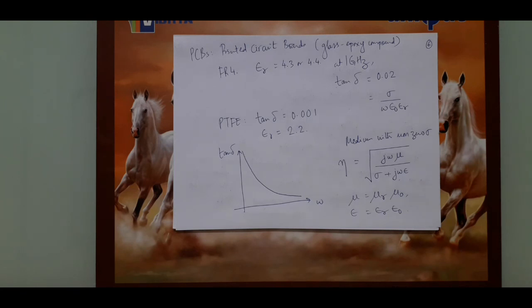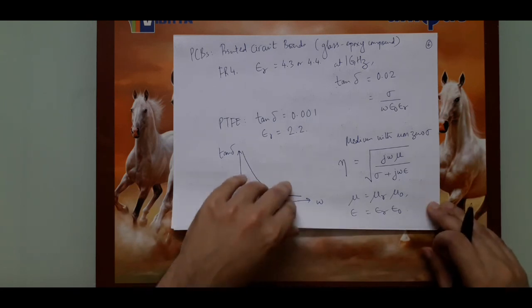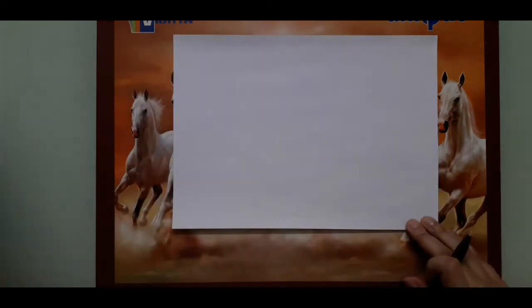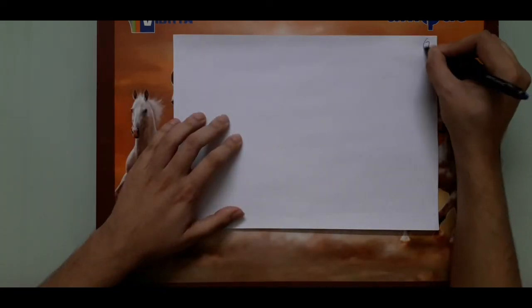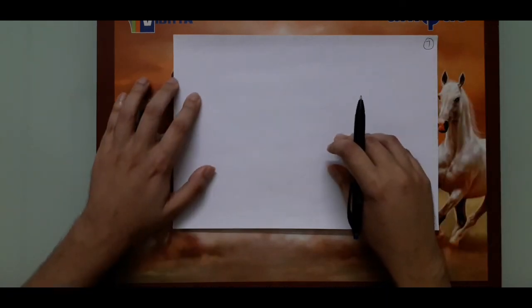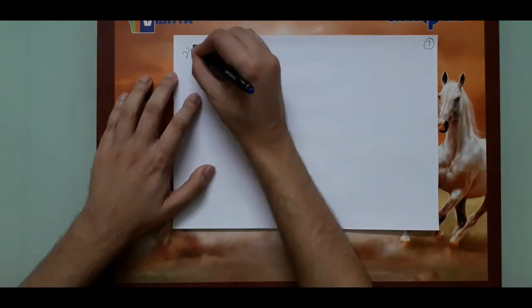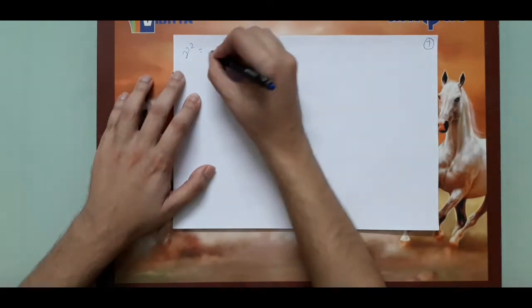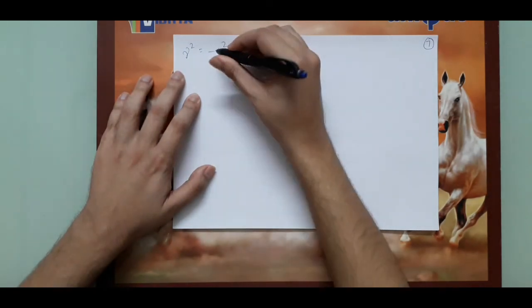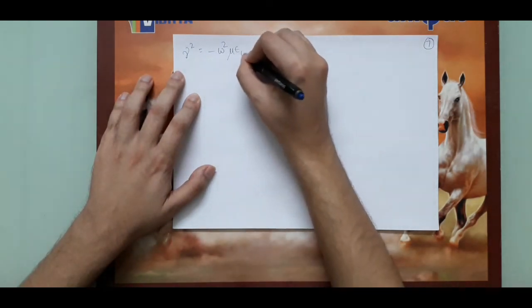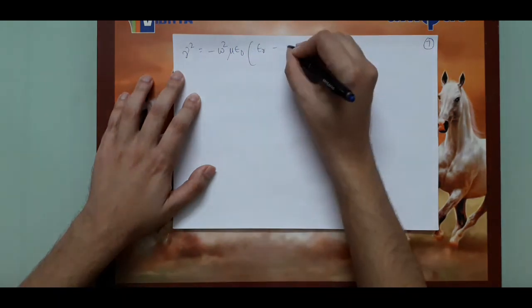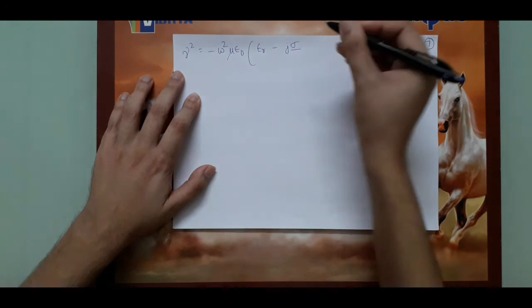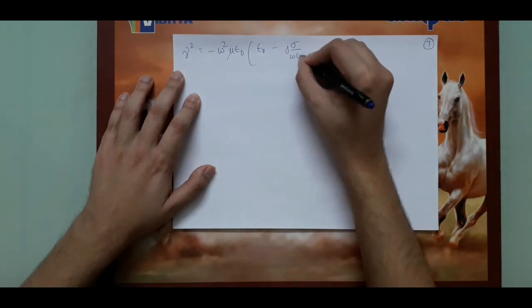Let us now take another quick look at the gamma. What we had written was, for the conducting medium, gamma square is nothing but minus omega square mu epsilon 0 epsilon r minus j sigma divided by omega epsilon 0.